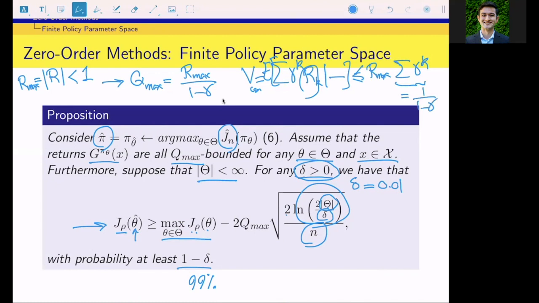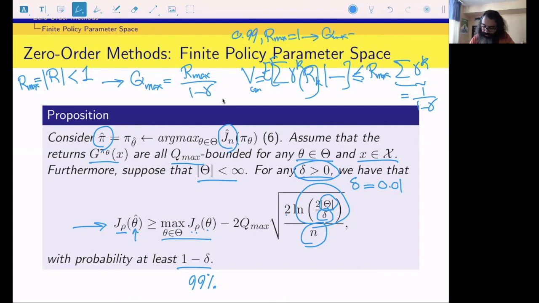So it would be 1 over 1 minus gamma. So if gamma is, say, 0.99 and R max is 1, then Q max would become 100, right? Yes. So then you have 100 here.